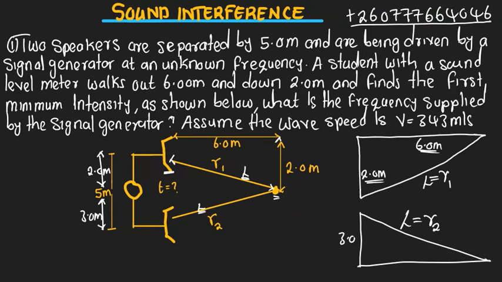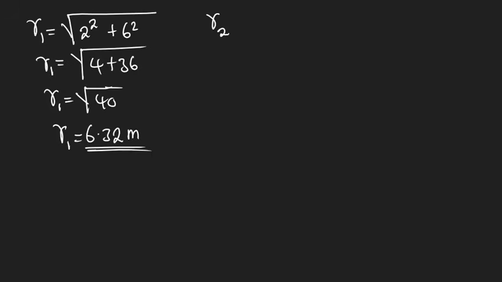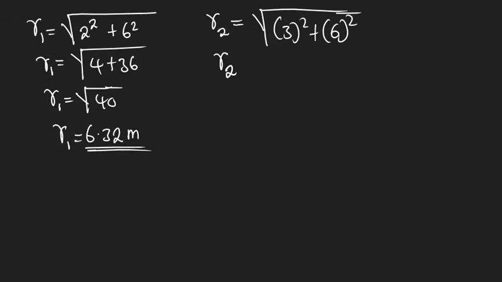We also get our R2. For R2, we use the same concept, except we are using 3.0. Use the same concept I'm giving you for any question. You are using the same path length. R2 is equal to the square root of 9 plus 36.